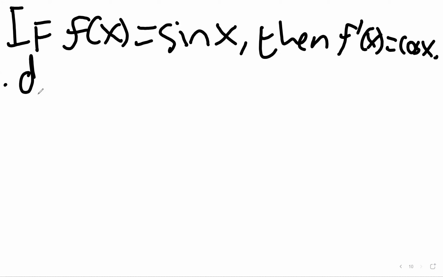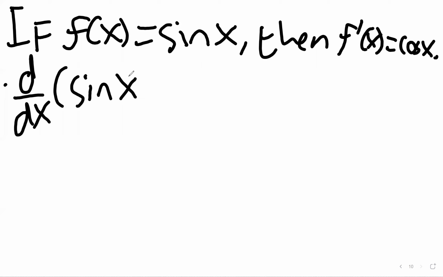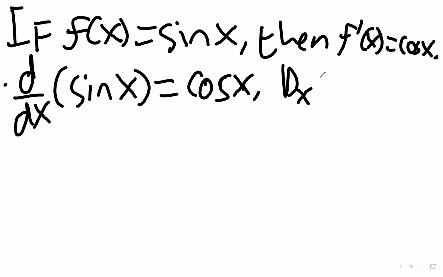For example, using the Leibniz notation, d/dx of sine of x equals cosine of x. Or using the differential operator, d of x sine of x equals, sorry, cosine of x. Simply like this.